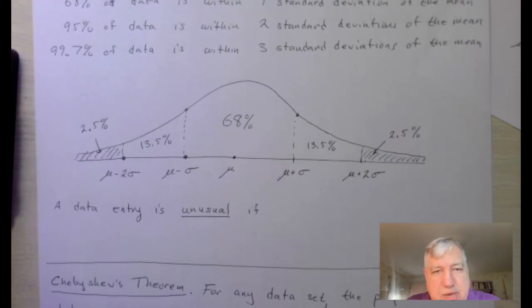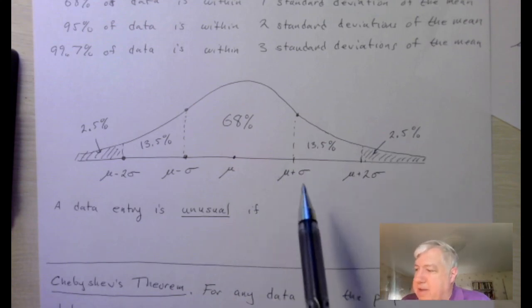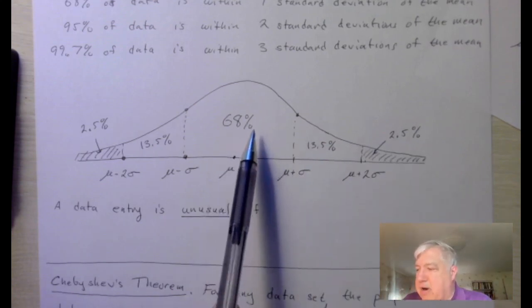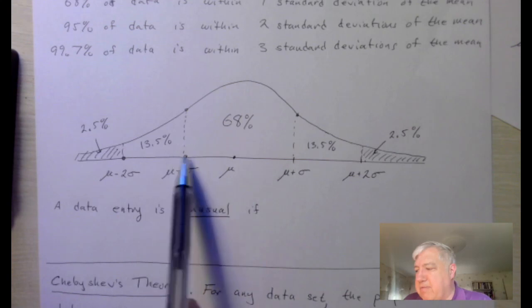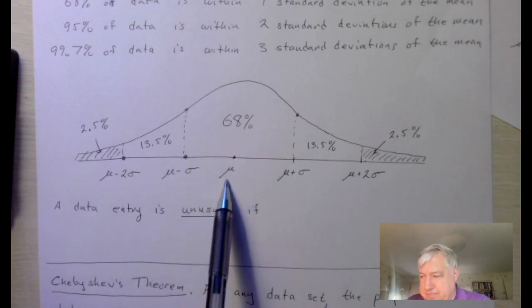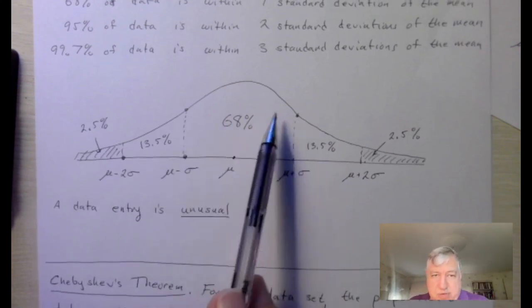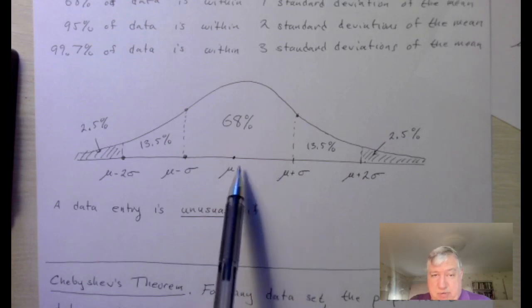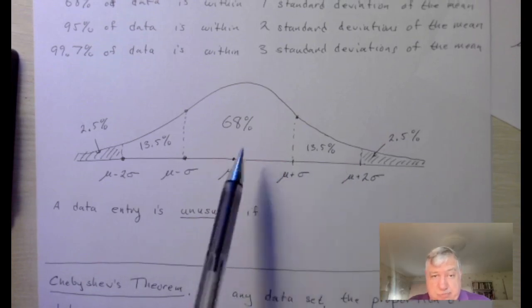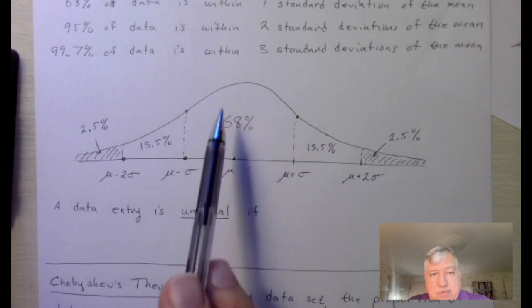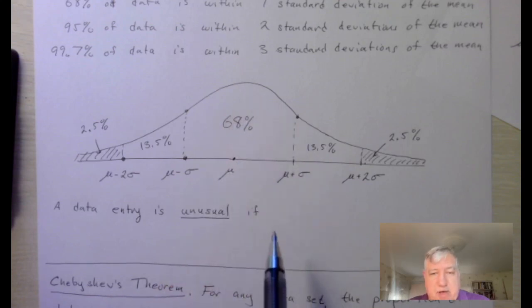This is a bell-shaped distribution. The bell is always centered at the mean, and the 2 inflection points occur at 1 standard deviation from the mean. So this middle section represents 68% of the values.